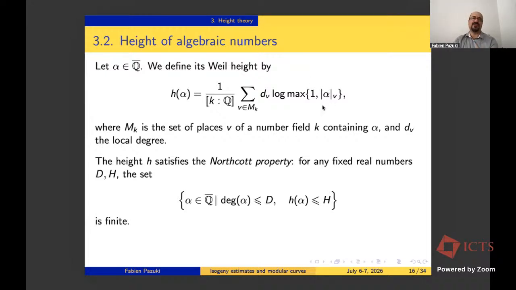Yeah, I mean, it's if and only if P divides alpha in some ways, or maybe the numerator or denominator of alpha, if that makes sense. So this is a finite sum in the end, and it's well defined because of this extension formula and product formula for valuations. And so we have now what is called the Weil height of an algebraic number.